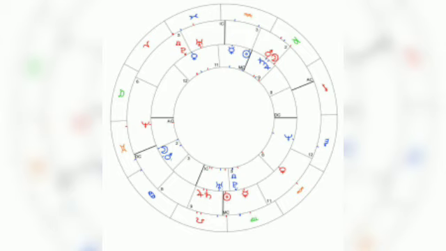So if I stop there, and I want to keep this simple, what the Draconic chart is showing you on the outer wheel with the natal on the inner is that the Neptune square Sun is extremely important. That's what I want to focus on.